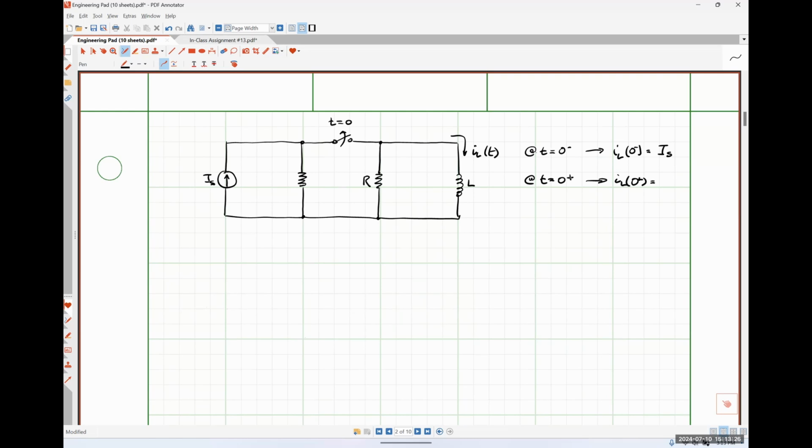Would it be 0? It will not be. So last Friday, when we were discussing inductors, we learned two things when we were looking at the derivative-based relationship, right? So the first thing we learned is that an inductor in a DC circuit behaves like a short circuit, which we just used to find this current.